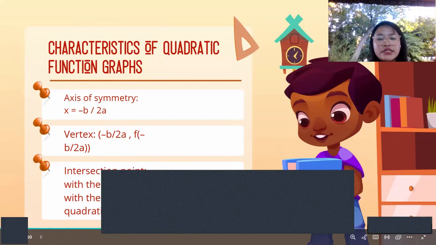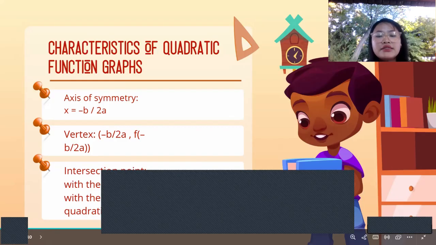Every quadratic graph has several important characteristics. First, it has an axis of symmetry. The formula is x equals negative b divided by 2a.